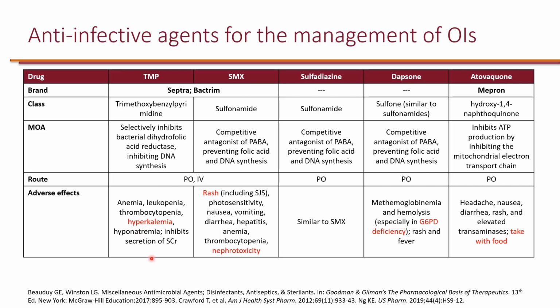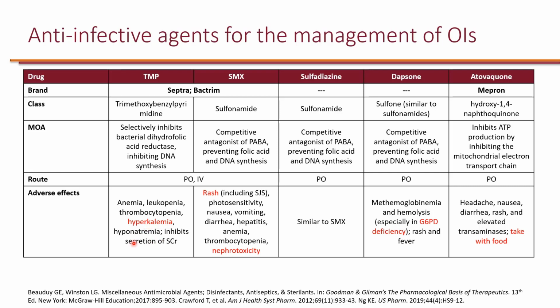And the adverse profile, you can see that obviously these happen at the same time because trimsulfa is given often as a combination. Trimethoprim is also available as a standalone drug, but more commonly it's used in combination. So the trimethoprim component can lead to anemia, leukopenia, thrombocytopenia, as well as hyperkalemia and hyponatremia.